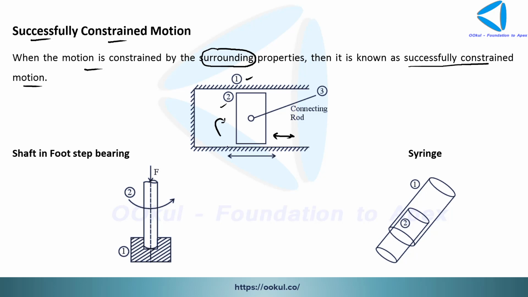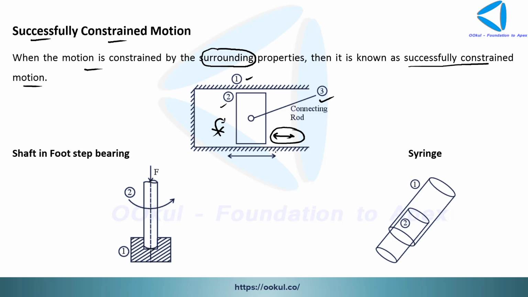Okay, so now to make this motion a constrained motion, we attach the piston with the connecting rod, which is being shown by link 3 here. Okay, so now when this is connected by our connecting rod, then what happens? The rotational motion of this piston inside this cylinder has been restricted. Now only your piston can do a translational motion or reciprocating motion inside your cylinder.